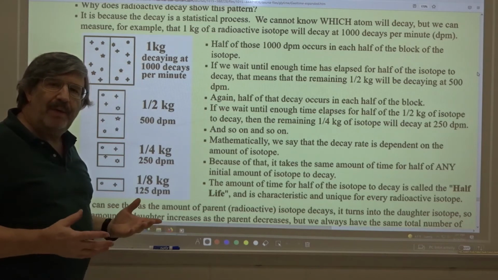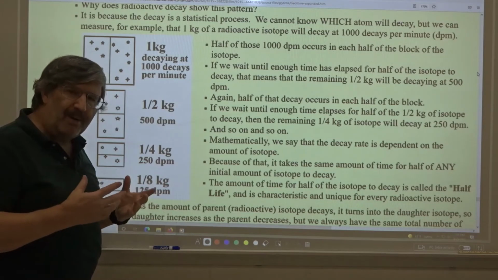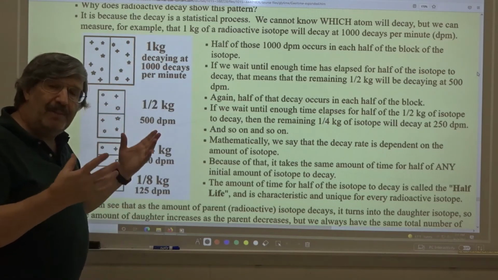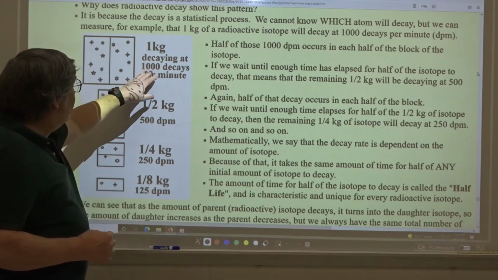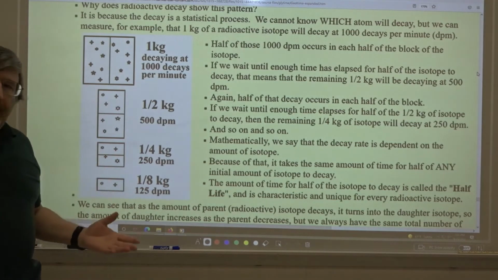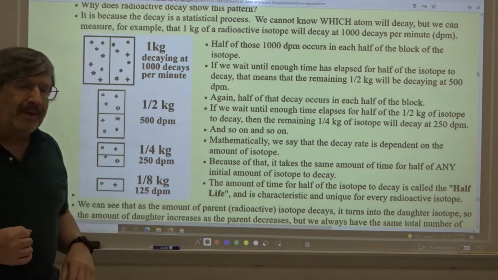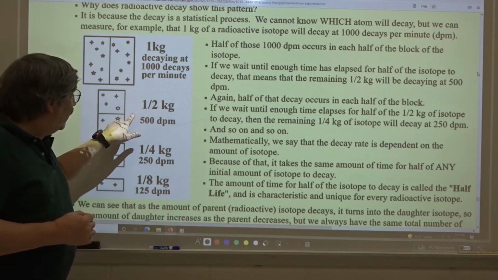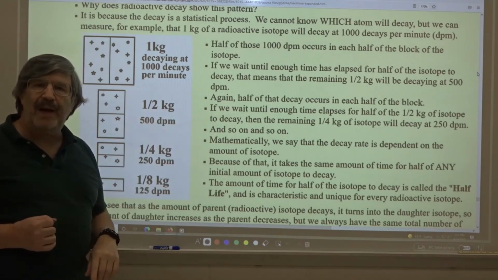So if you start with an amount of 1 kilogram, and for this particular isotope, it happens to be decaying at 1,000 decays per minute, eventually, after 1 half-life has gone by, you're going to have half as much as you started with. You're also going to be decaying half as fast.